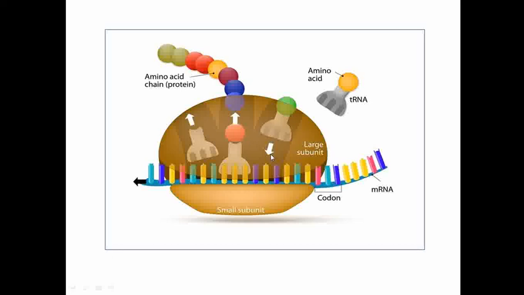On this mRNA, on which the codons are found, the tRNAs get attached to these codons, and one by one the amino acids assemble here and form a polypeptide chain, that is nothing but the protein chain. So this is the process of protein synthesis which occurs with the help of the ribosome on the mRNA triplet codons.